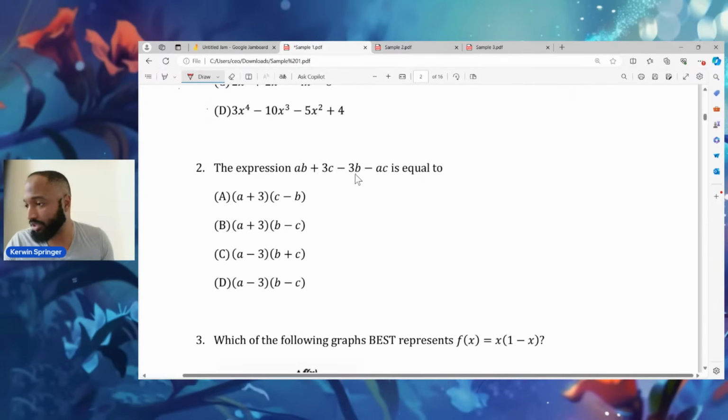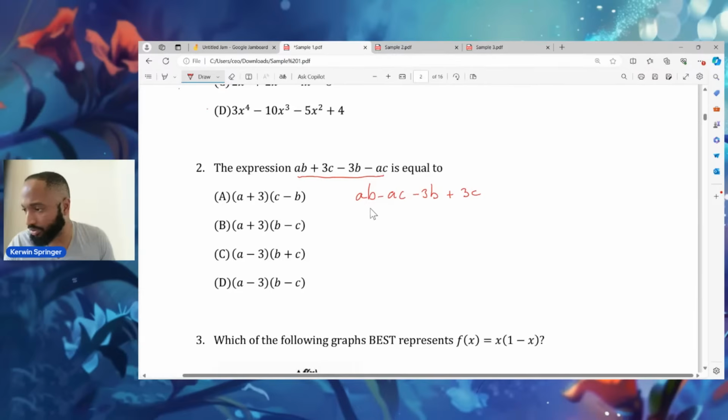AB plus 3C minus 3B minus AC. What happens with this in AdMaths is that the terms are not in order, so you want to rearrange them. I'll put AB minus AC, plus, no, B has a negative, so I'll put minus 3B plus 3C.